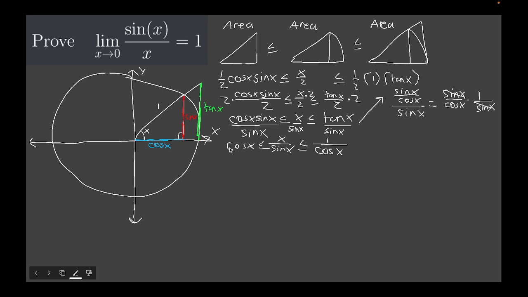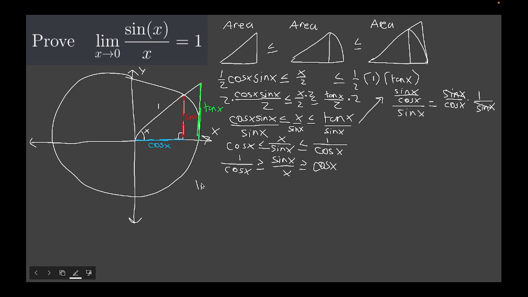So now what I'm going to do is take the reciprocal of each of these. When we take the reciprocal of each of these, the inequality flips, so it gets reversed. So it would be 1 over cosine of x is greater than or equal to sine of x over x is greater than or equal to cosine of x. So now I'm going to apply the limit to each of them.